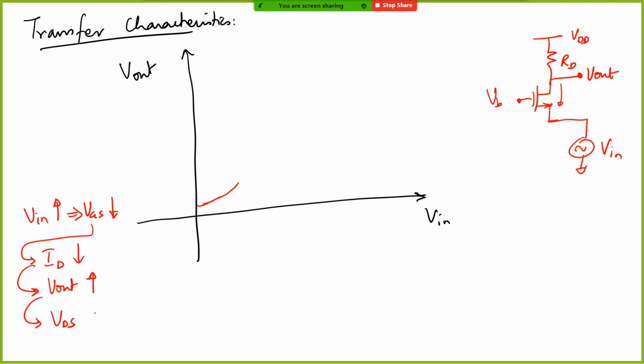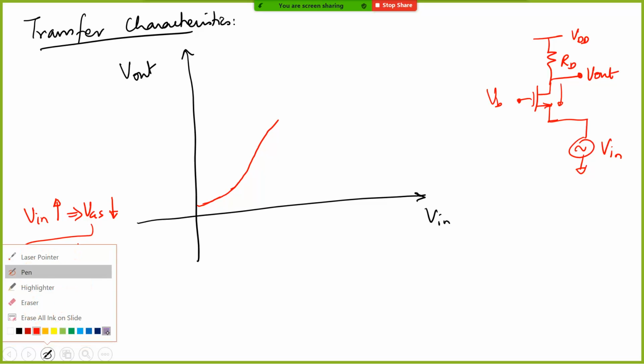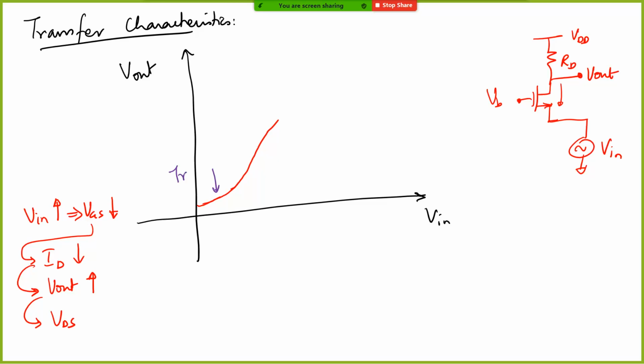If you take a square law model, it decreases by the square of it. Therefore VGS will decrease linearly, whereas VDS will increase non-linearly. So you will have some kind of behavior like this. Here the transistor is in the triode region. Here it is in the saturation region.